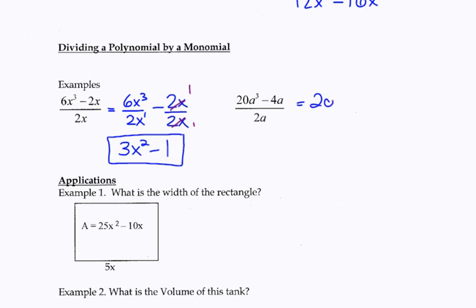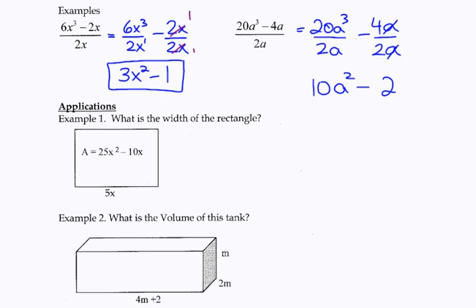So divide each by 2a. You should have 10a squared minus 2. A is reduced to 1.